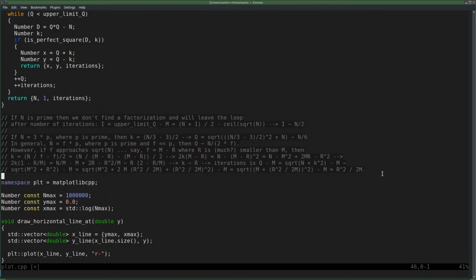Which is nothing to do anymore with n divided by. So if f is around the square root of n, and we would follow this formula, you would get like the square root of n divided by 2. Well, this is way, way, way, way smaller than that.